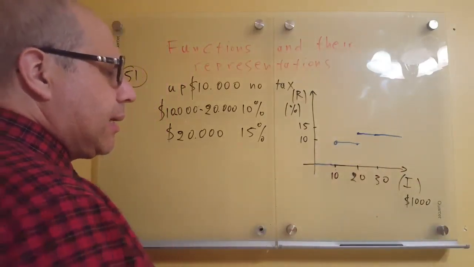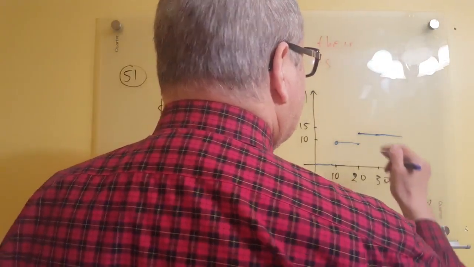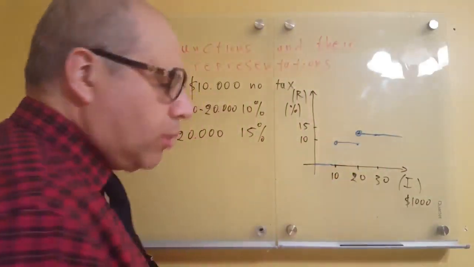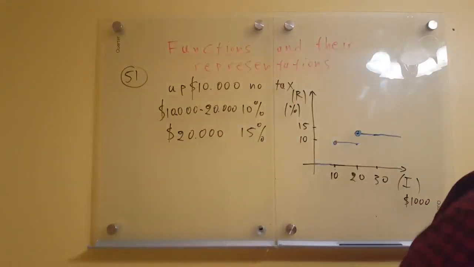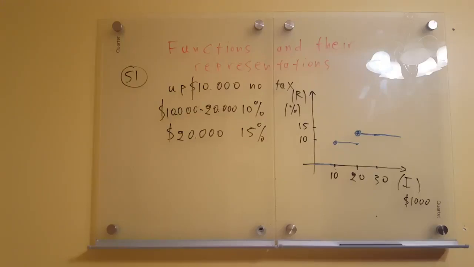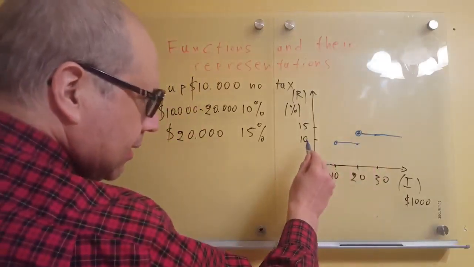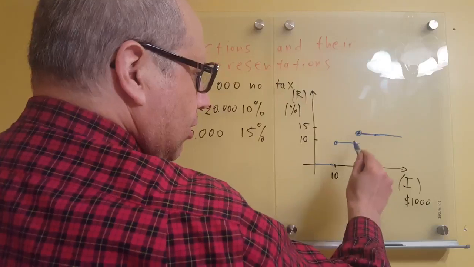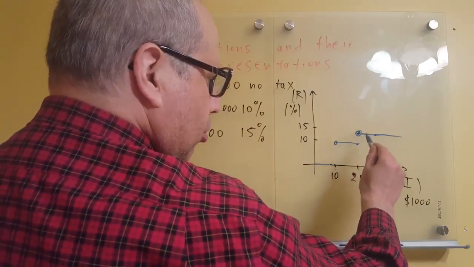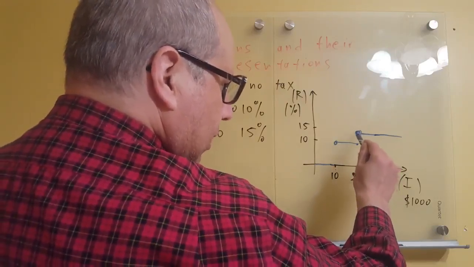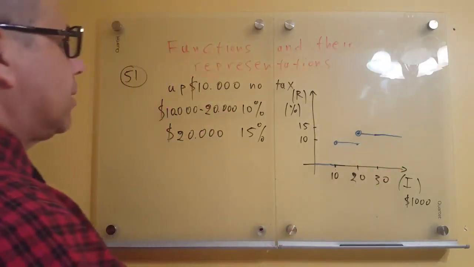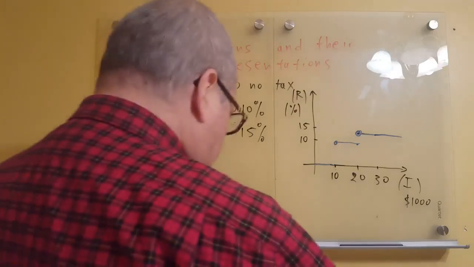And again at this point you must have a small circle, because at exactly 20,000 the rate is 10%. So it's not 15%. That's why you have this hole here. So that's part A of the problem.